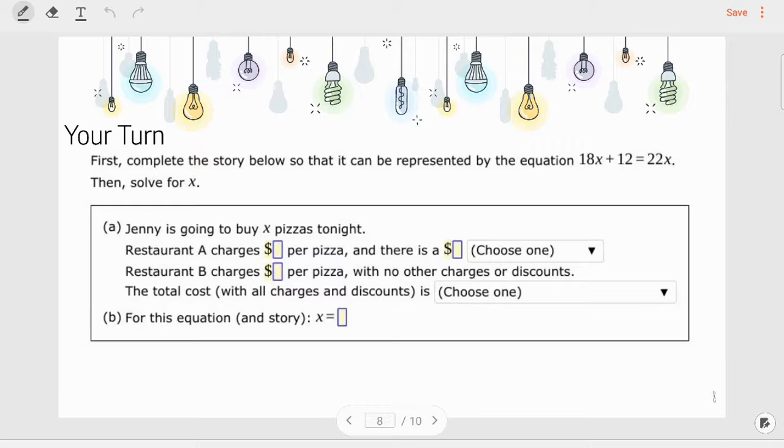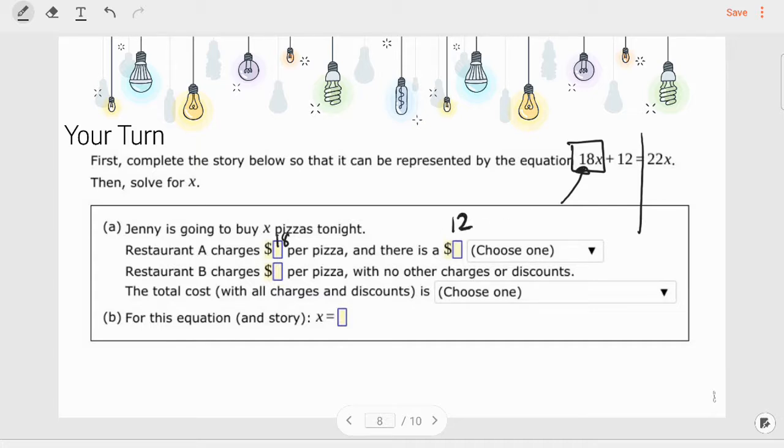Restaurant A. Jenny's going to buy some pizza. Restaurant A charges how much per pizza? If I look at the left-hand side of my equation, per pizza is going to be the number attached to my variable, so $18 per pizza. And there's a $12. Is it going up or is it going down?